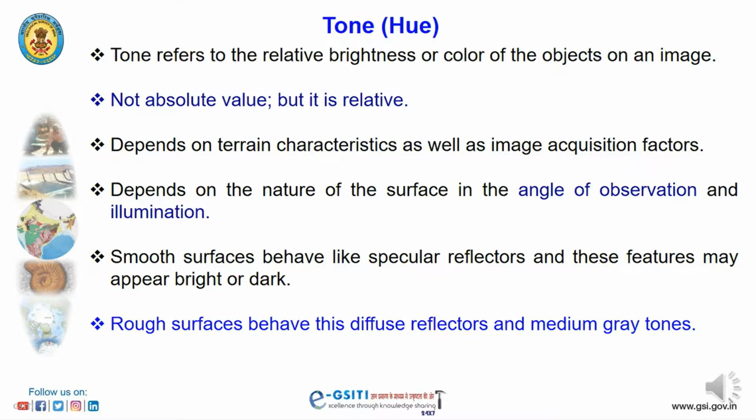It is always explained in a relative sense. It depends upon terrain characteristics as well as image acquisition factors. It depends upon the nature of the surface and the angle of observation and illumination. Mostly, smooth surfaces behave like specular reflectors, and these features may appear bright or dark in an imagery. A rough surface behaves as a diffuse reflector with medium gray tones.